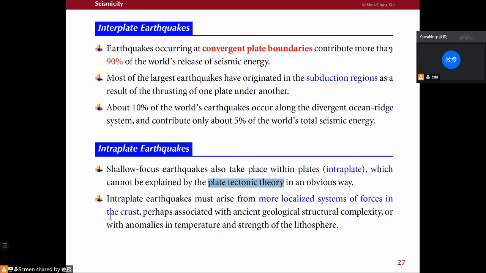Intraplate earthquakes must arise from more localized systems of forces in the crust, perhaps associated with ancient geological structural complexity or with anomalies in temperature and strength of the lithosphere.